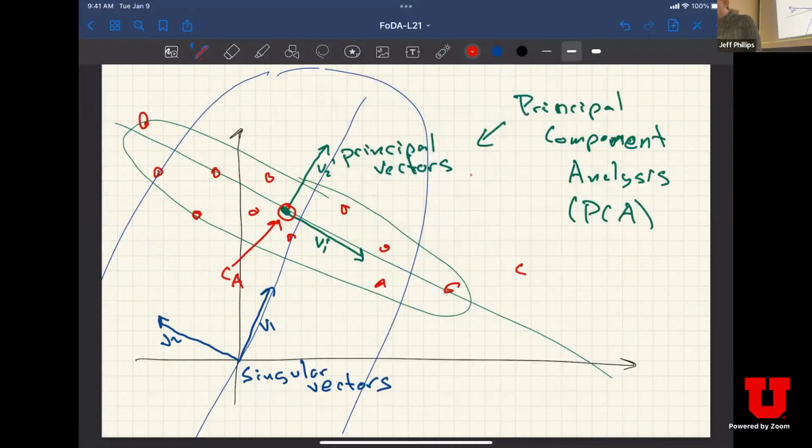C is going to be a vector, A1 bar up to Ad bar, where Aj bar is going to be 1 over n, the sum over i equals 1 to n of Aij.